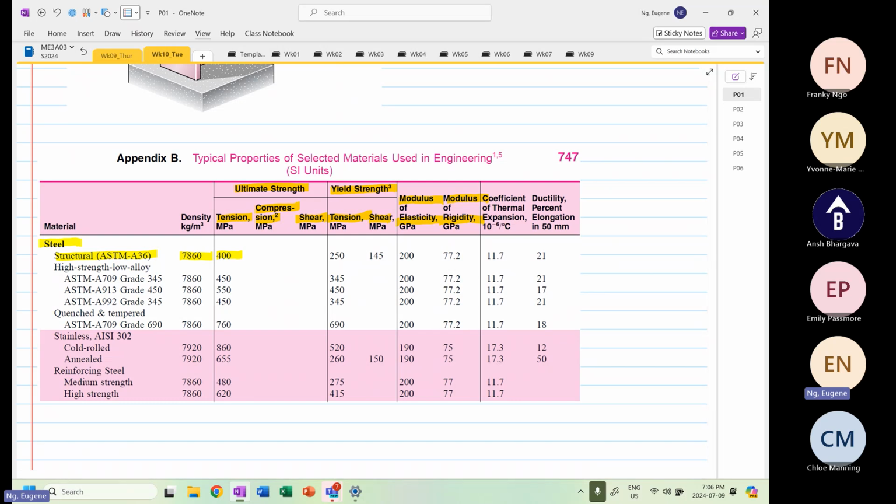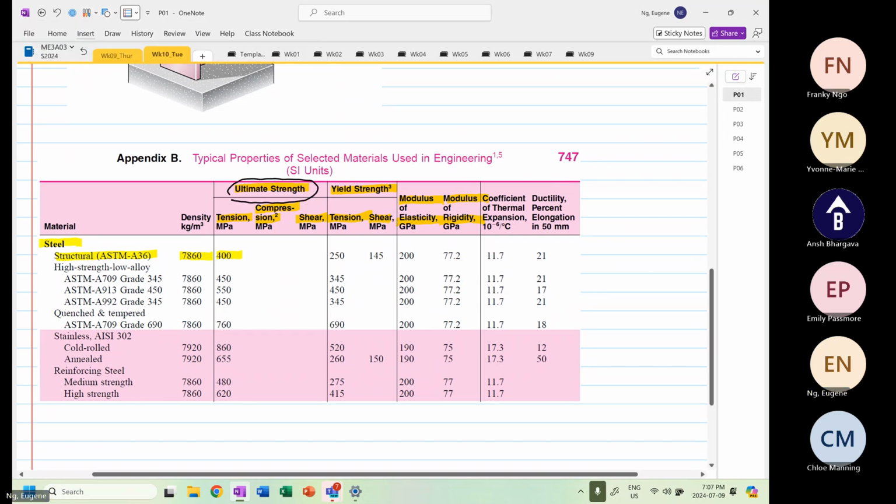Before I go on, let's talk about this table. We are given the ultimate strength and also the yield strength.